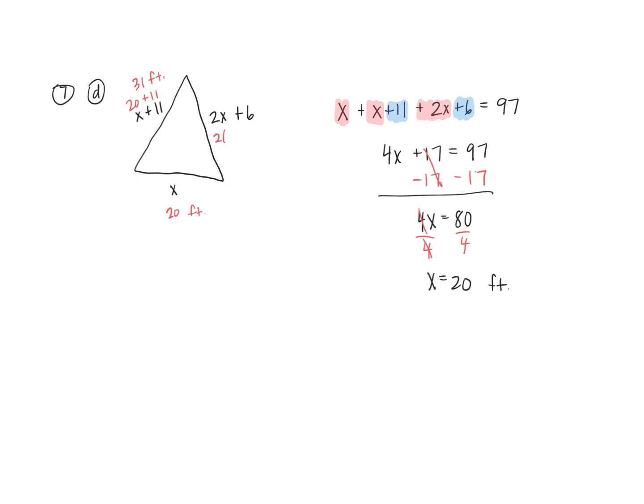And then I plug in 20 for x here. 2 times 20 is 40, plus the 6 would be 46. So 46 feet is the third side. Again, you can highlight these so I know that these are your 3 answers, or you can write them all down and box them in. So 20 feet, 31 feet, and 46 feet.